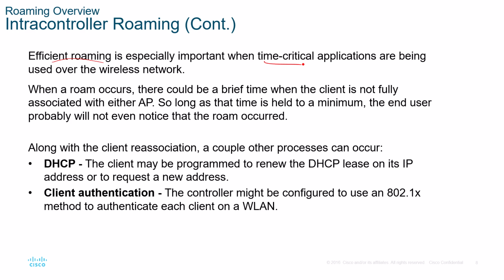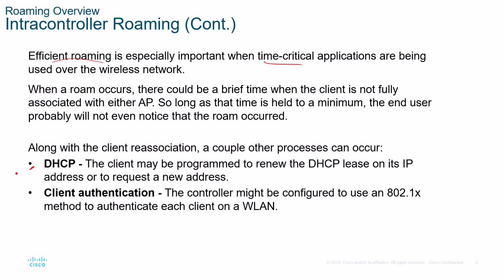When a roam actually does occur, there could be a brief delay, but it shouldn't be that noticeable. As long as the time is held to a minimum, then you should be able to migrate from one to another.